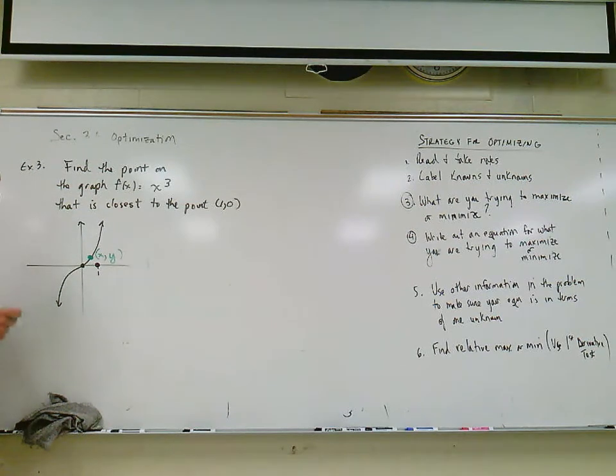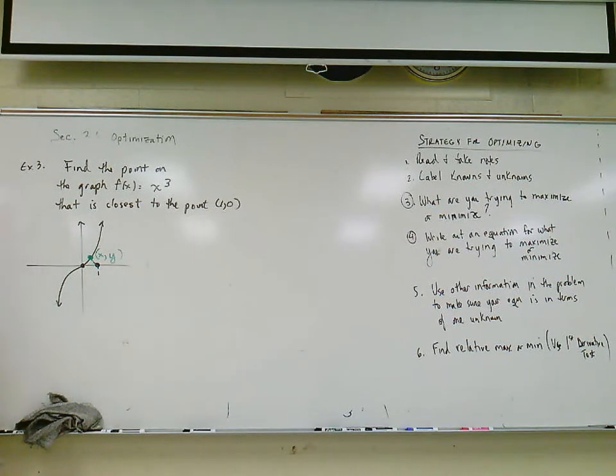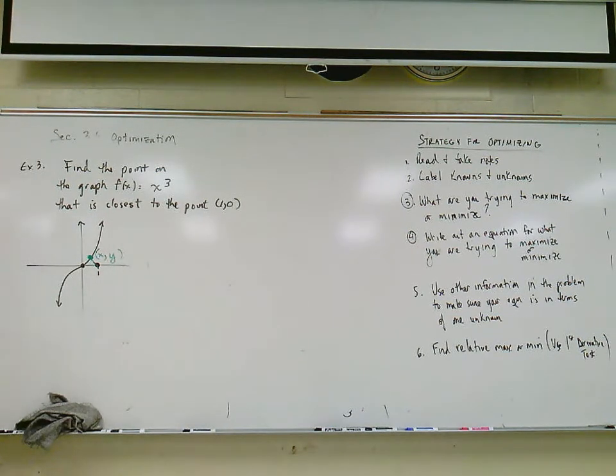Now, what does it mean to be the point that's closest to this point? This is where you have to use the word maximize or minimize. I'm trying to lead you to it because you're going to have to read this and know: am I maximizing, am I minimizing? And what is it that I'm maximizing or minimizing? Minimizing distance.